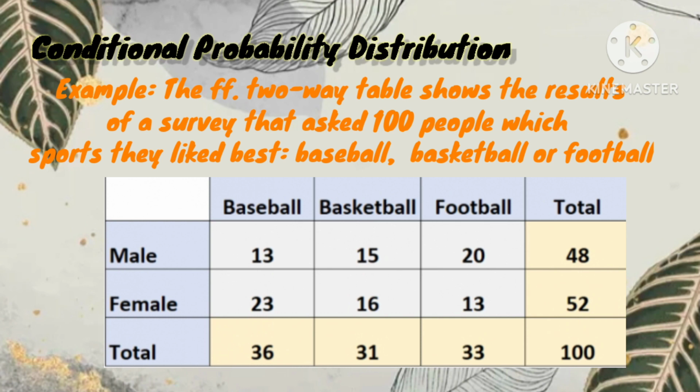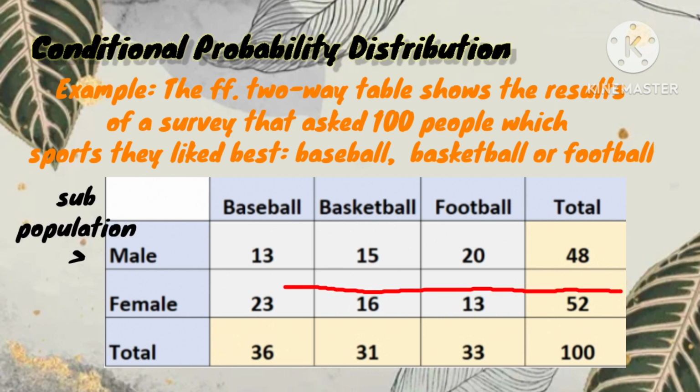To find the conditional distribution of sports that males like, we must look at the values in the row for male in the table. So look at the table first to get the values. To calculate the probability distribution, it is important to look at the subpopulation and the characteristic of interest.